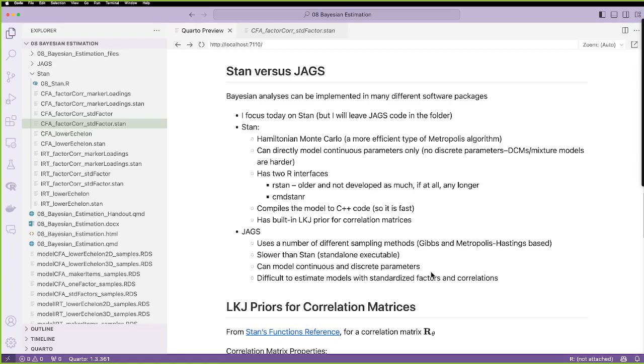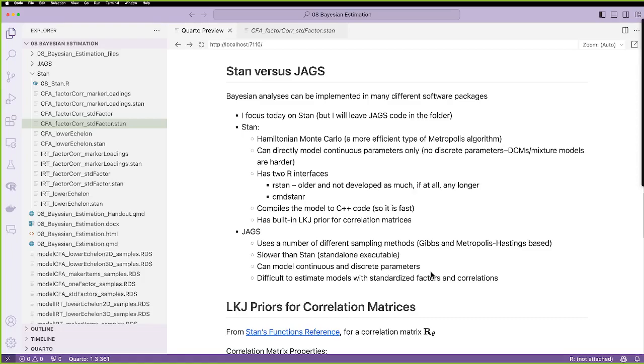I know that you can do that, given your homework last time. I know that you're capable, but that takes a long time. But number two, if you're in JAGS and don't have a correlation, it's really difficult to estimate anything with a standardized factor in it, right? It's almost always marker items that you're going to have to use. So Stan's a bit more flexible.